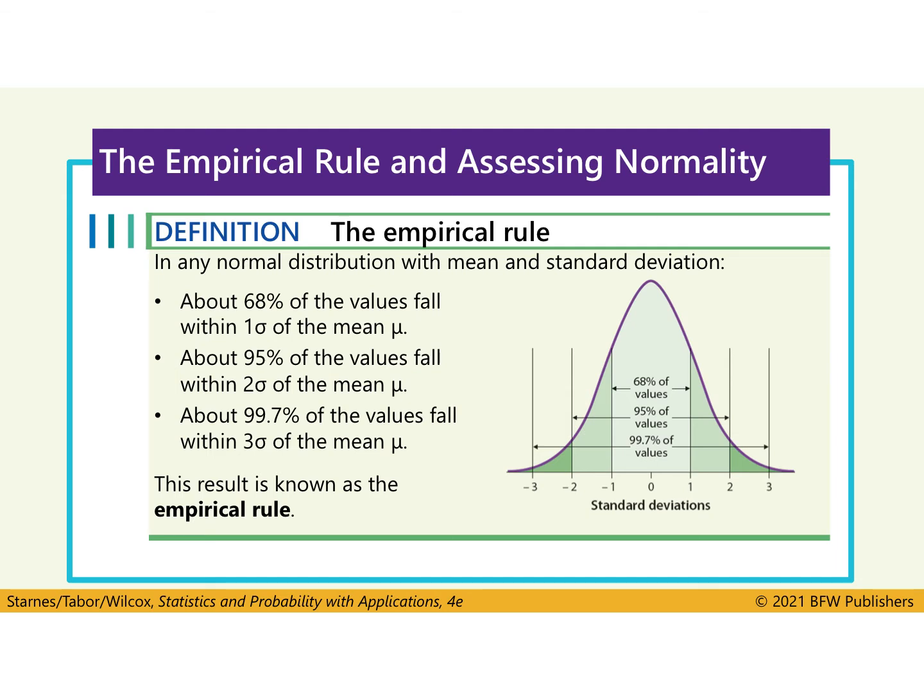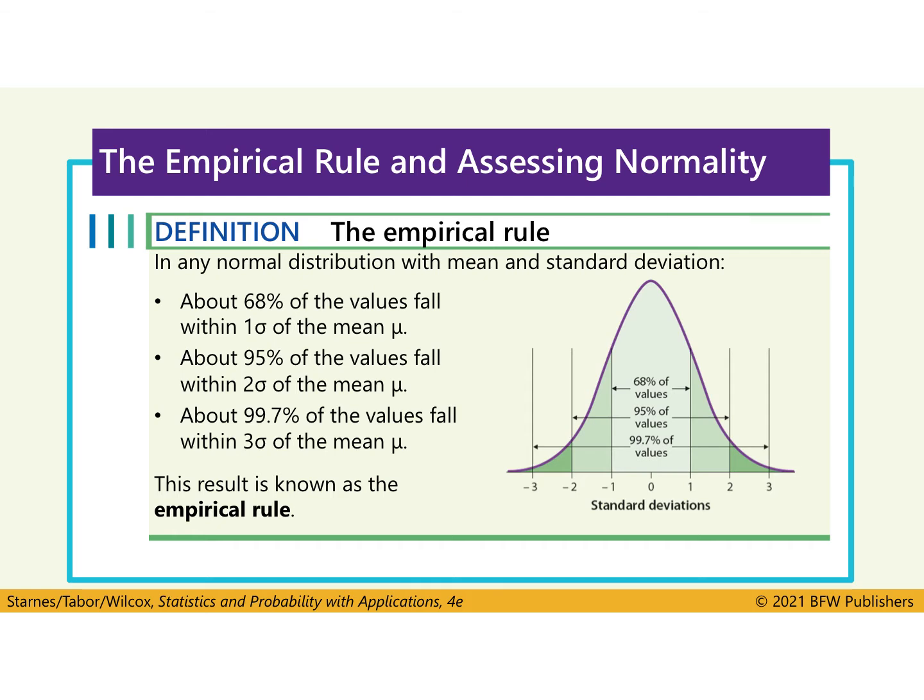So here's our empirical rule. That summary you wrote is the empirical rule. So you need to write empirical rule. About 68% of the values fall within 1 standard deviation of the mean. About 95% of the values fall within 2 standard deviations of the mean.